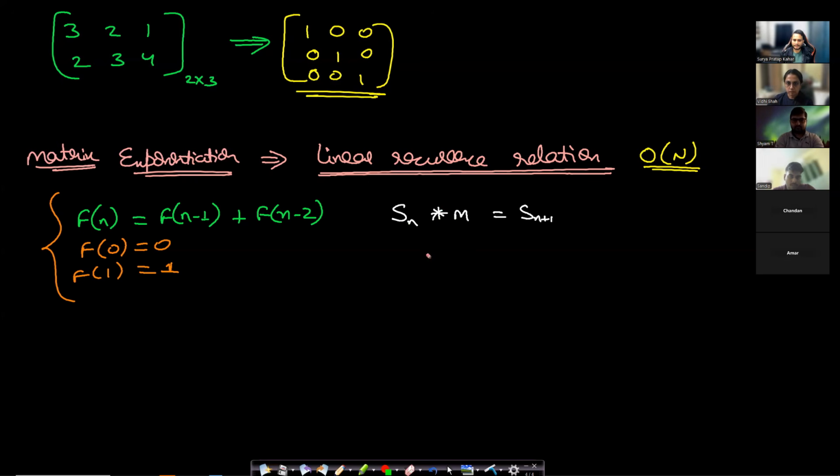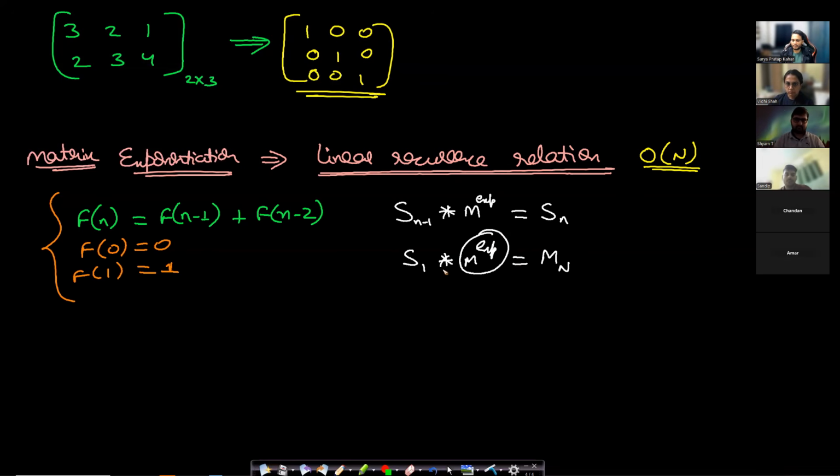Or generally in books, it will be mentioned that you start from the n minus 1th step, you take a magic matrix and you reach the nth step. Now, this M should be raised to a certain power in such a way that it will allow you to directly go from the first step to the answer step, the nth step, if you can calculate M to the power of the exponent.